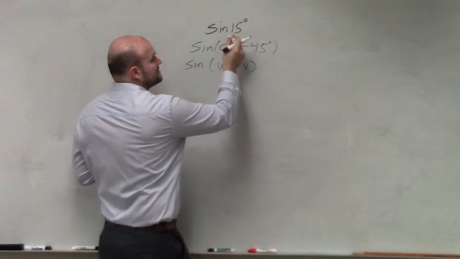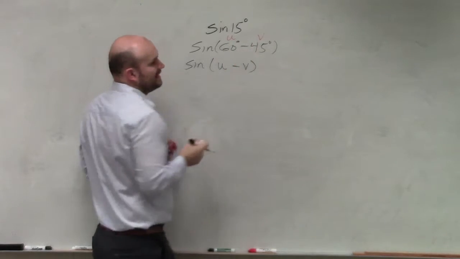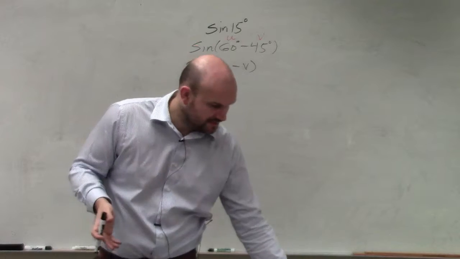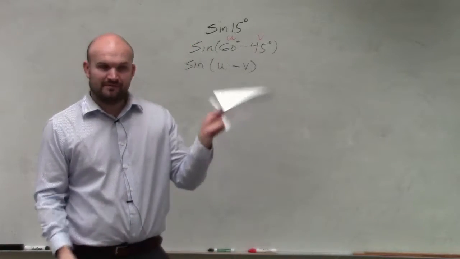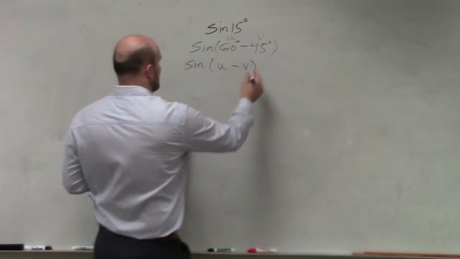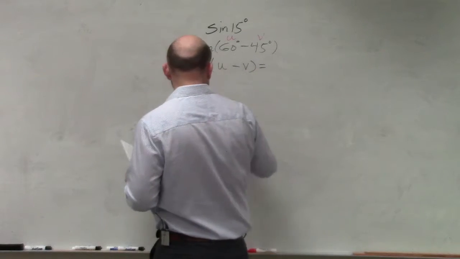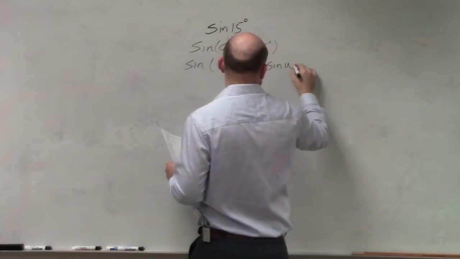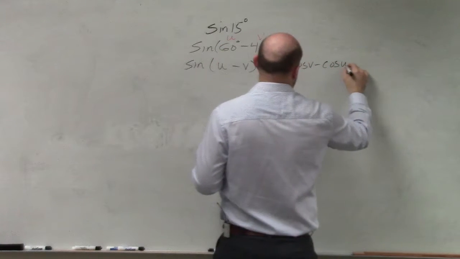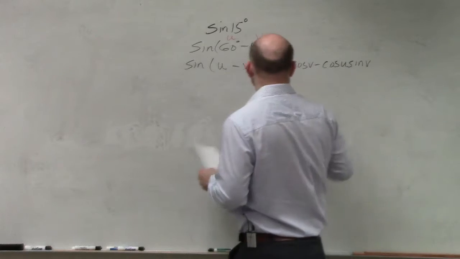The first thing I always do is I label my two angles that I'm subtracting or adding as u and v. You will have this formula sheet with you, so you don't need to memorize anything. But I'm just going to write out the formula so we make sure we're on the same page. Sine of u times cosine of v minus cosine of u times the sine of v.